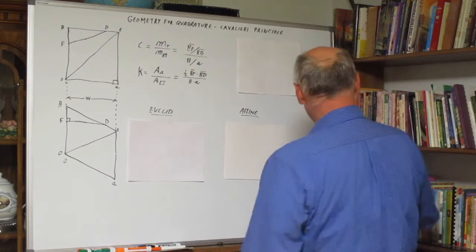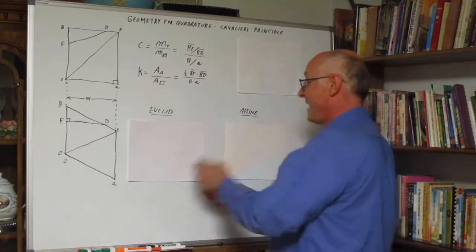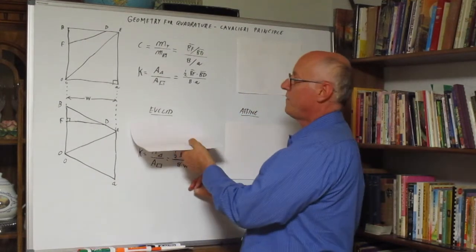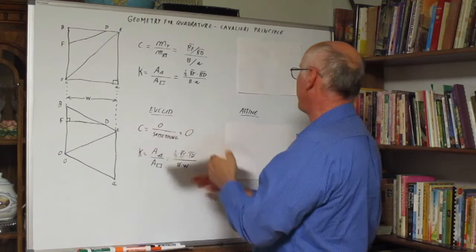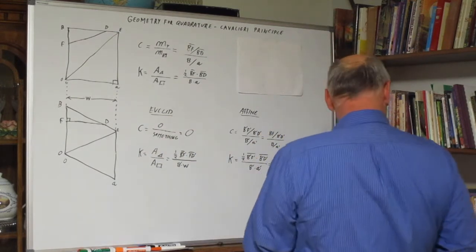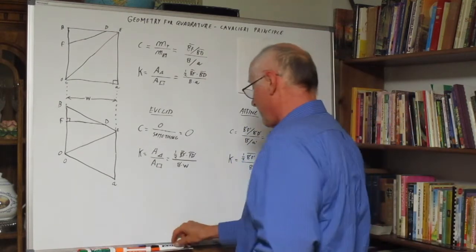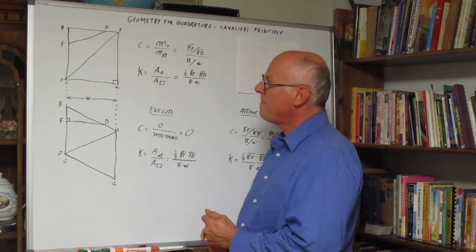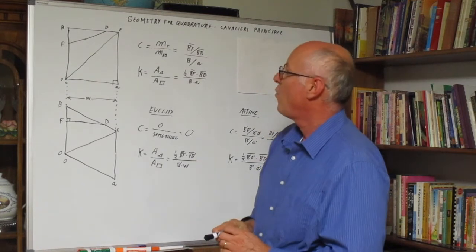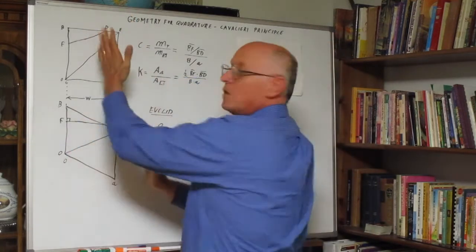Okay. Well, let's look at that. We're going to look at this from a Euclidean perspective and then from an affine perspective. And here's something interesting. We start here and then we just do a shift.